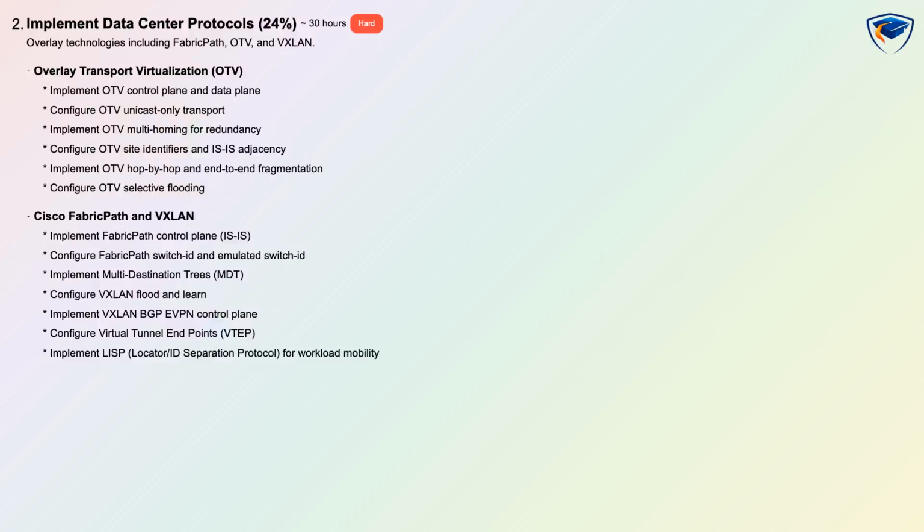Expect to implement OTV control and data planes with unicast transport, multi-homing and IS-IS adjacency, and fragmentation controls, and to configure FabricPath IS-IS control, emulated switch identifiers, multi-destination trees, VXLAN flood and learn behavior, VTEP configuration, VXLAN BGP EVPN control plane, and LISP for workload mobility.